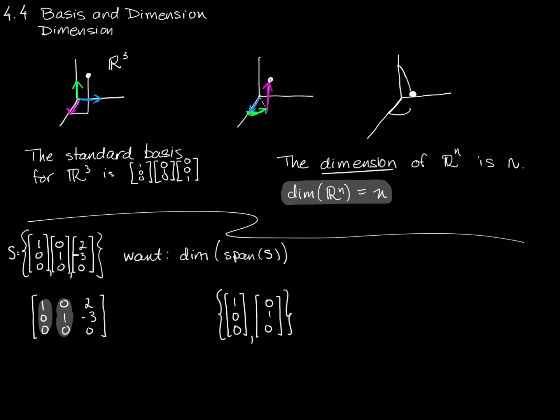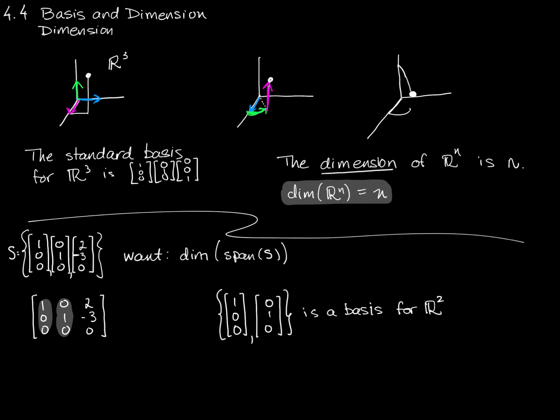This is in R2, not R3. Actually, let's write it as a sentence here. This collection of vectors, a set of vectors, is a basis. And it's a basis for R2.